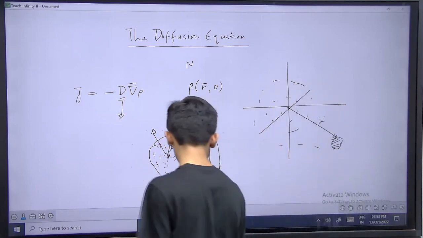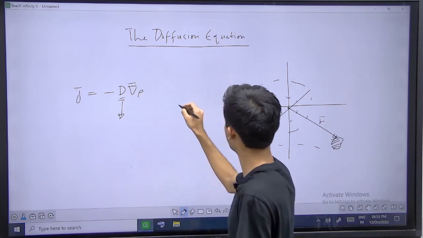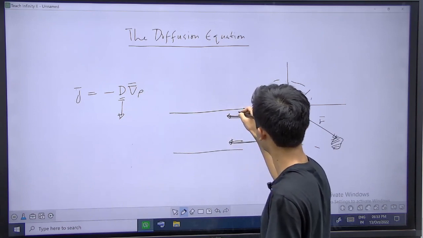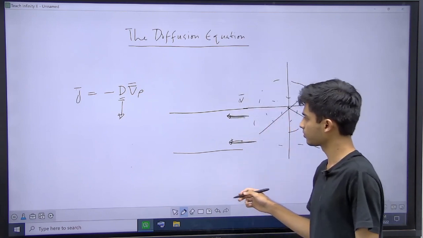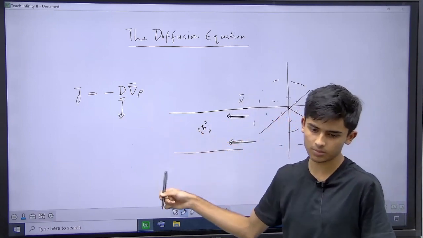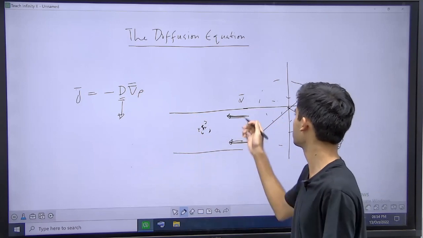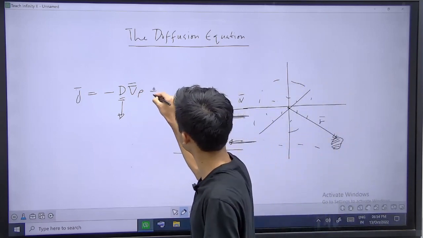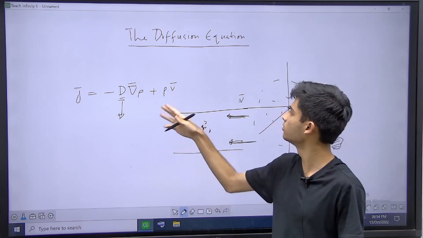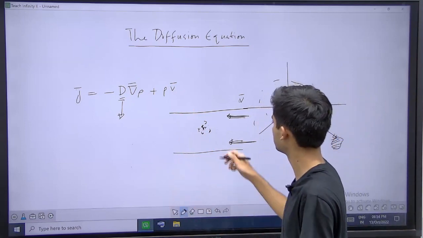So suppose I have a stream where the medium already has some speed, say call it V. And again, now if I leave in a bunch of particles, the way these particles will drift around is not only influenced by their concentration or the concentration gradient, it will also be influenced by this V. And so the term we add to this will be, and this may remind you of the rho V that you sometimes write in electrodynamics, J equals rho V, but this is different from this. So best not to confuse the two.